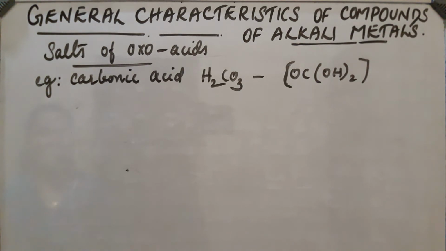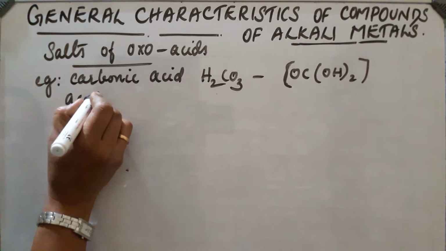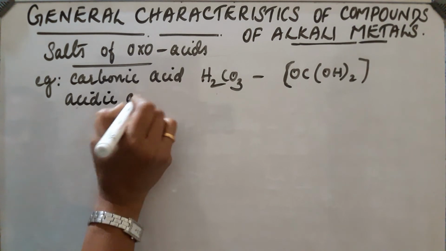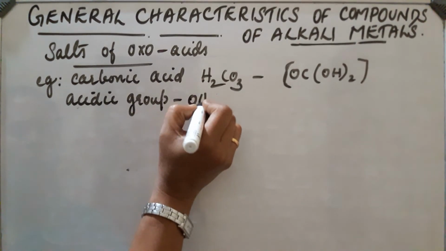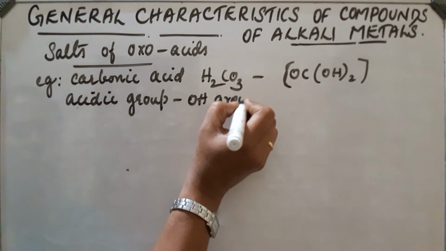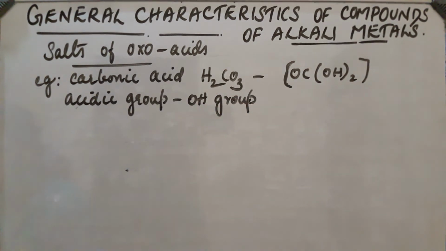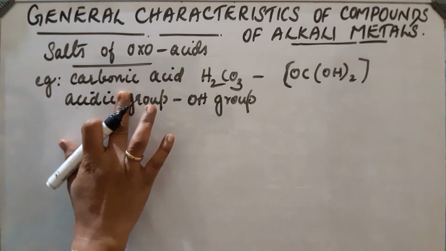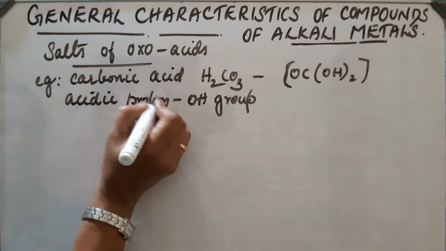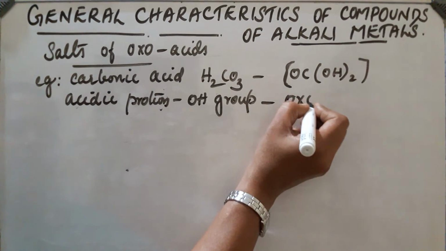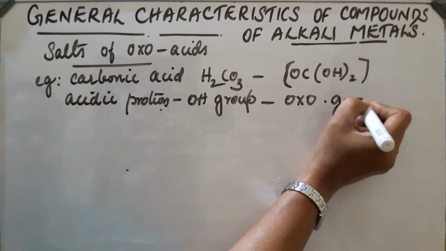These types of acids are called oxo acids, that is, the acidic proton is on the OH group, and at the same time an oxo group is attached to the same atom.